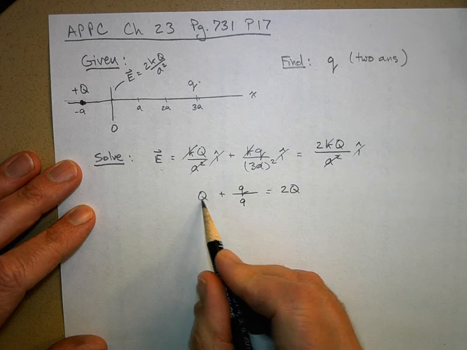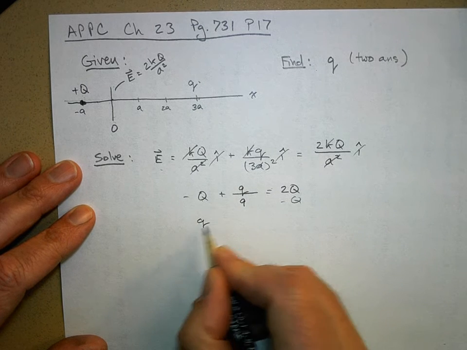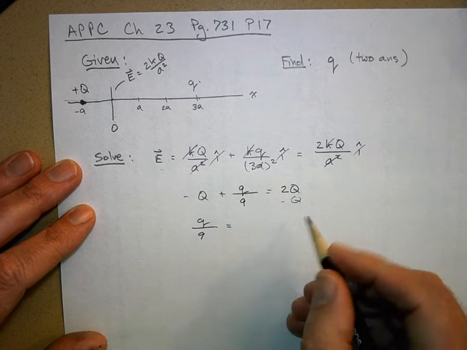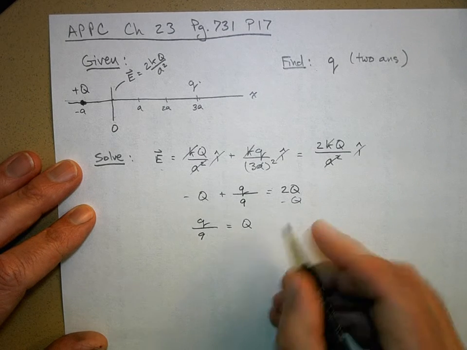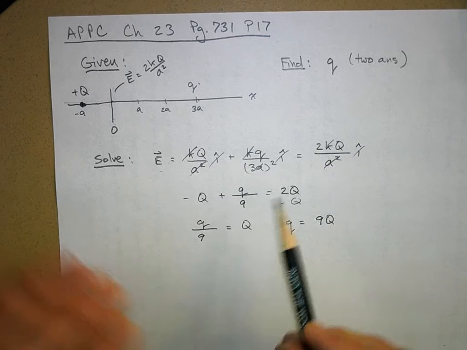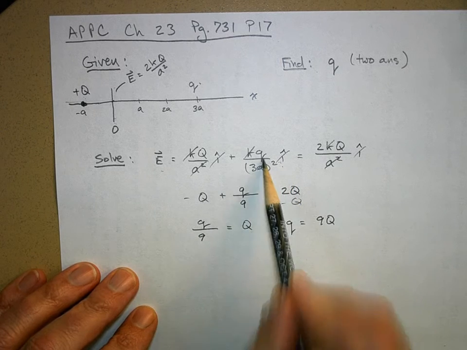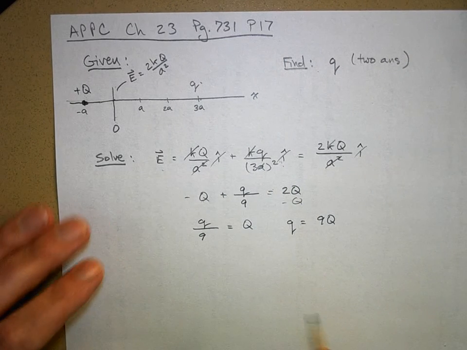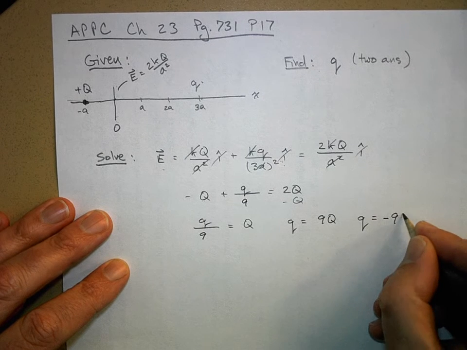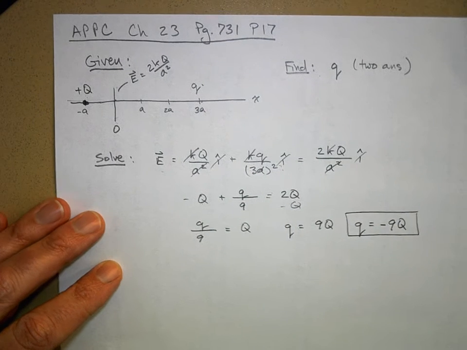Then I can subtract a q from there, and I get Q over 9 equals q. So Q equals 9 times q. But we said in order to make this in the positive i hat direction, we assume that this Q is negative, right? So Q is actually going to be equal to negative 9 times q. So that's the first answer.